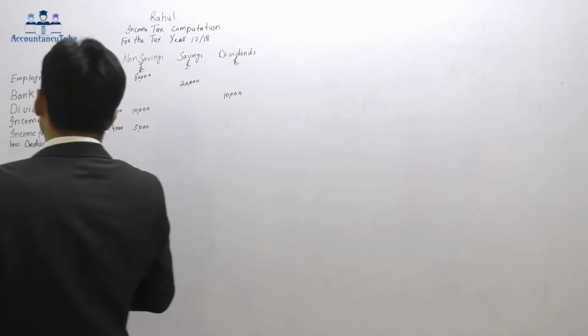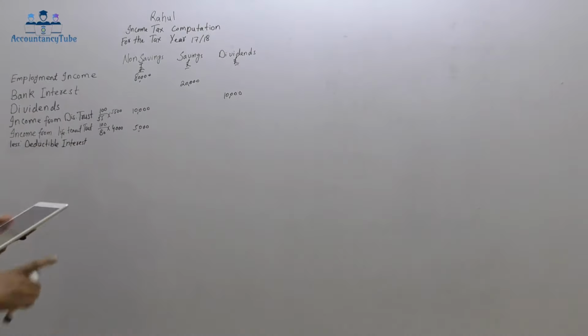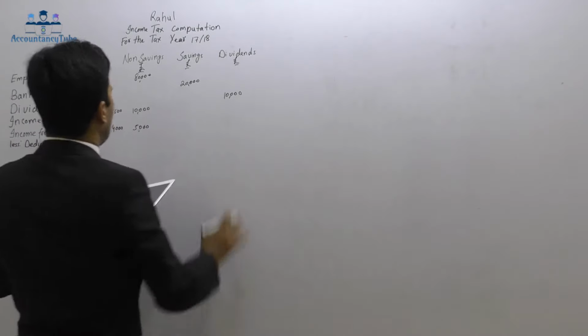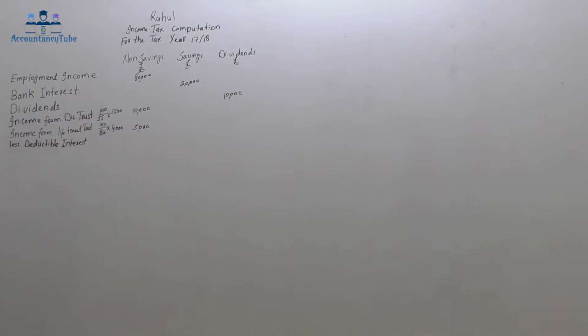Alright, so less deductible interest. Deductible interest will first be deducted out of the non-savings income, then from savings income, and finally from the dividends income. Right, so how much is the deductible interest? It is given to us in the question. It is £12,000.